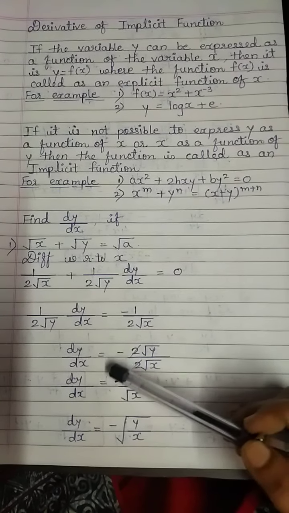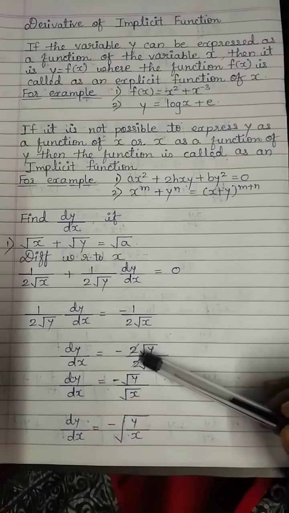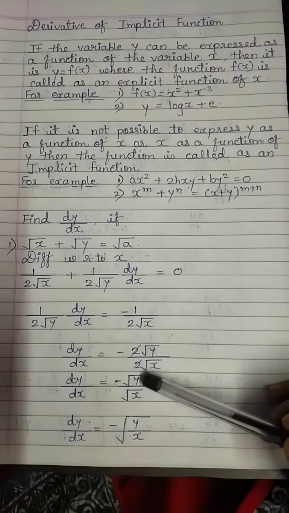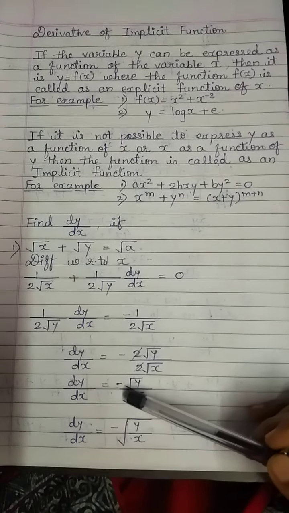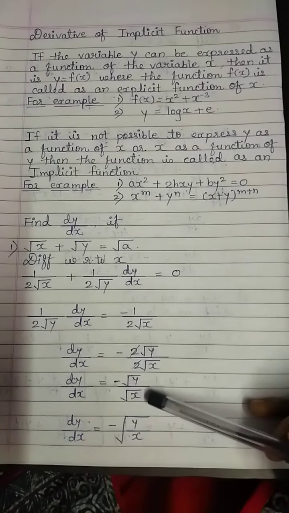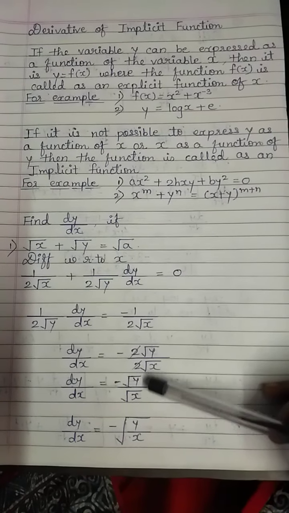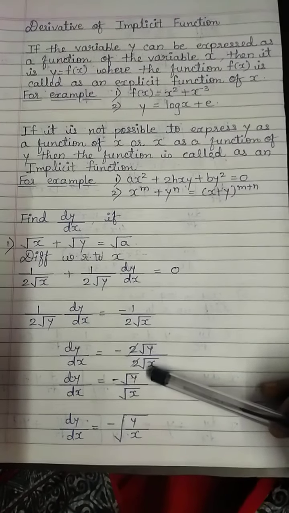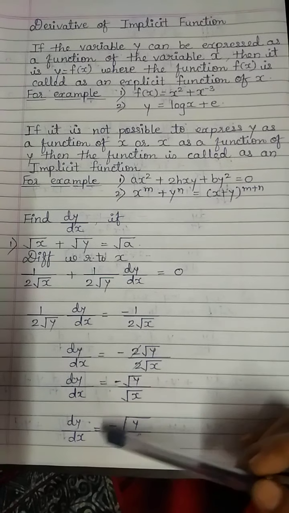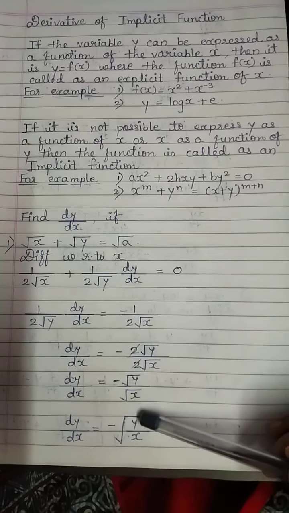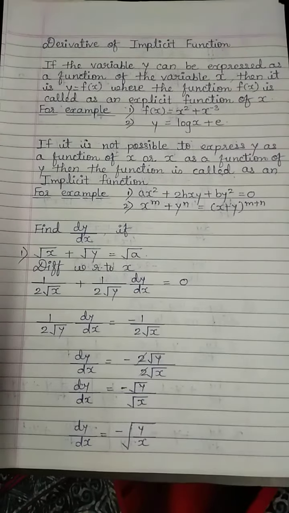So dy by dx is equal to minus of 2 into root y upon 2 into root x. So 2 gets cancelled, we get minus root y upon root x. Now both the terms are in root, so we can write a common root. So dy by dx is equal to minus root of y upon x.